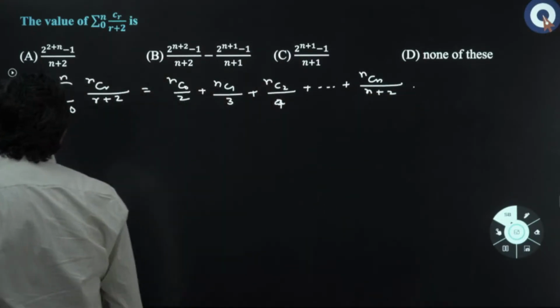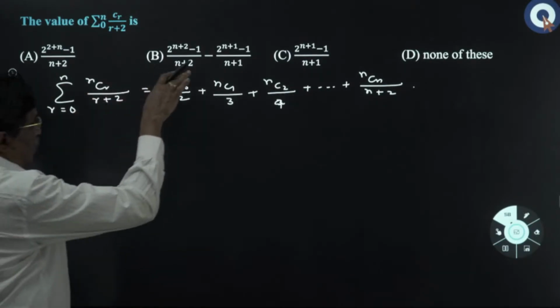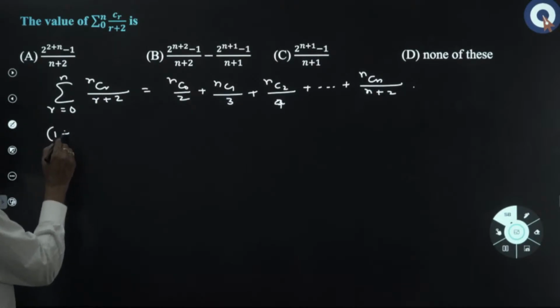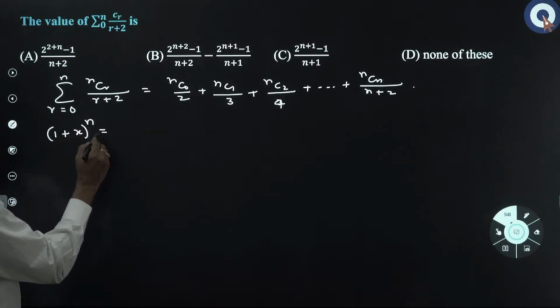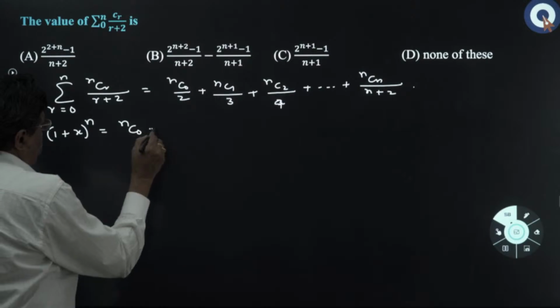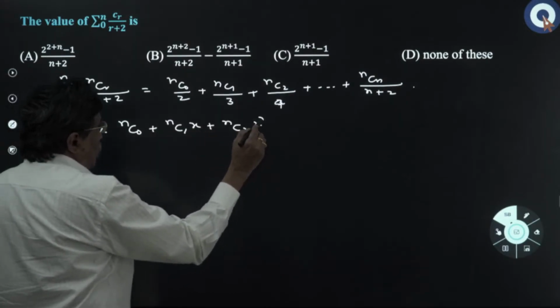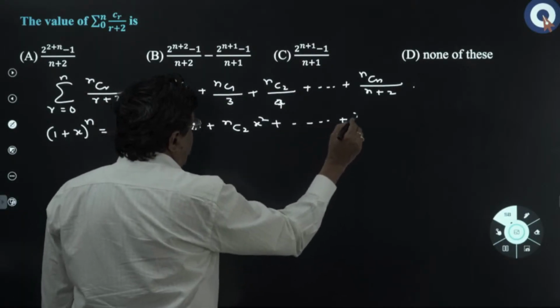Whenever this kind of division by something is there, usually it will be on integration. If you consider the expansion of (1 plus x) whole power n, which is nC0 plus nC1 x plus nC2 x square plus so on, nCn x power of n.